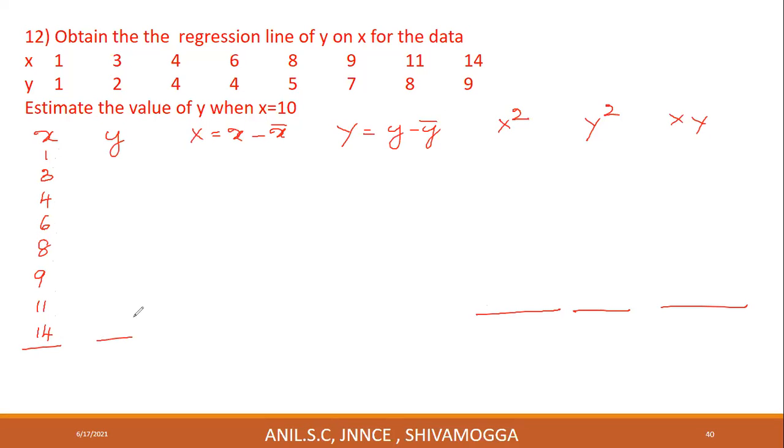First, tell me what is summation x. Here 1, 2, 3, 4, 5, 6, 7, 8, a set of 8 values is specified. We take n is equal to 8.